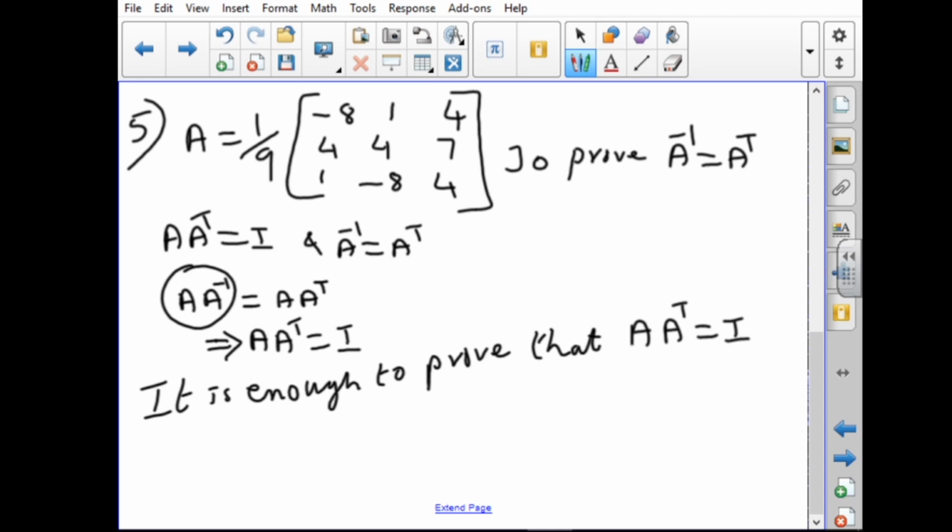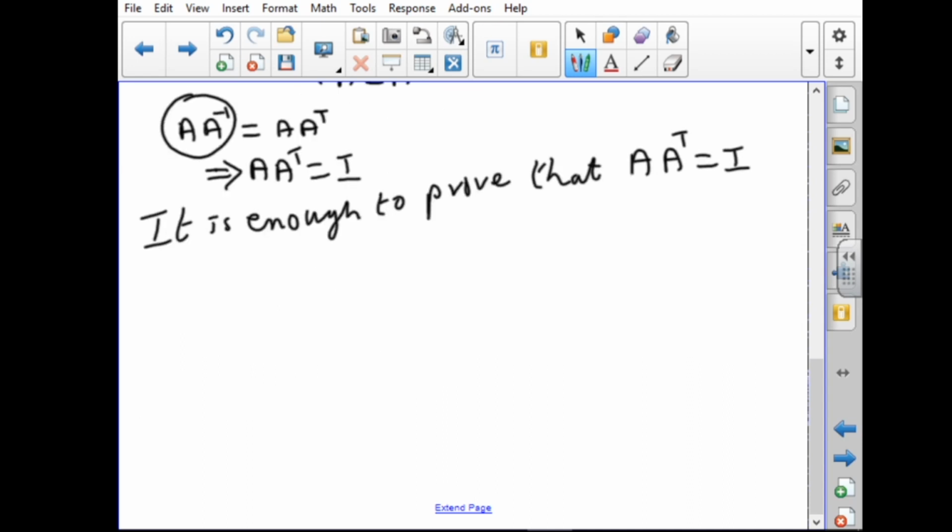A transpose, as you know, is writing rows into columns. So we will find A into A transpose.